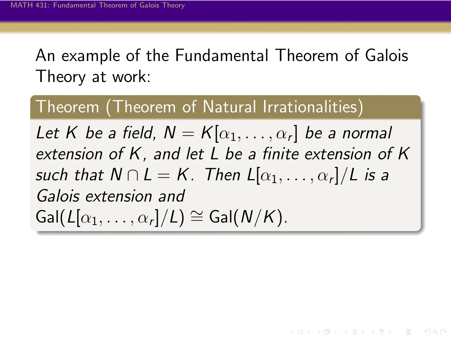I could not find a really clear reason why it's called the theorem of natural irrationalities. Also, in some places, it's called the base change theorem because it tells us how you can change the base fields in extensions. But let's just go through it.